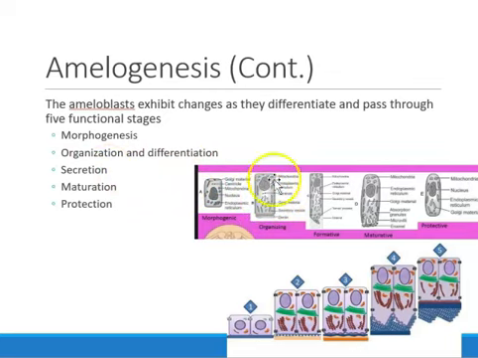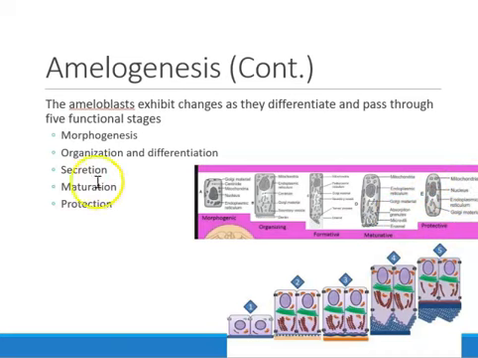Then we get secretion, where we can see enamel being deposited. Then we have maturation, where the enamel gets hard and matured, and then protection, where the process kind of stops.